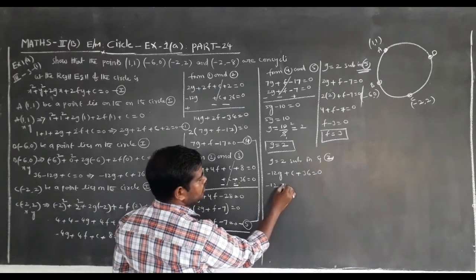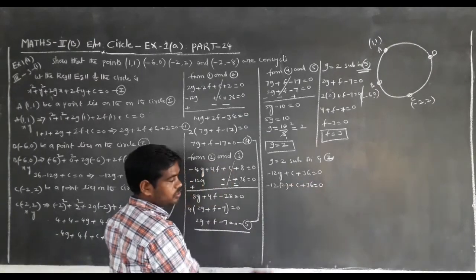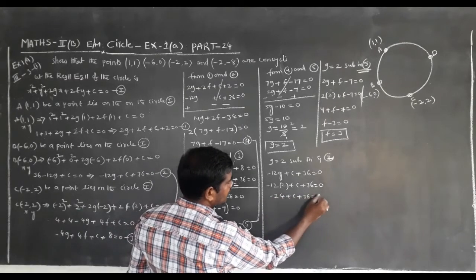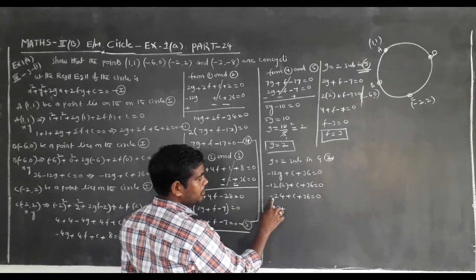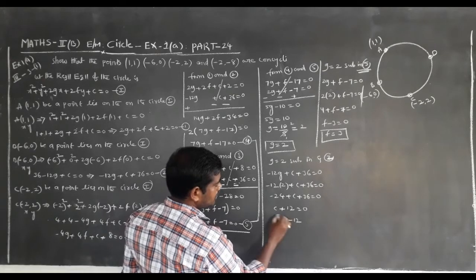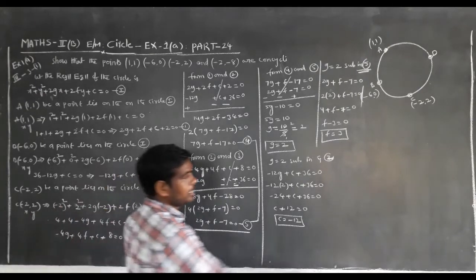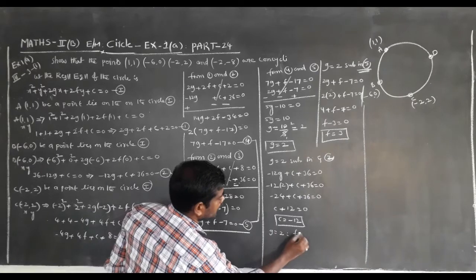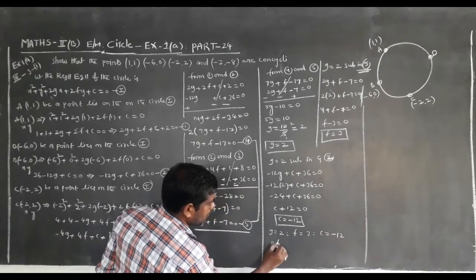Minus 12 into g, 2, plus c plus 36 is equal to 0. 12 2s are minus 24, plus c plus 36 is equal to 0. c minus 24 plus 36 is plus 12. Therefore, c is equal to minus 12. Here g is equal to 2, f is equal to 3, c is equal to minus 12.